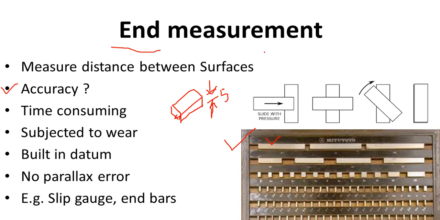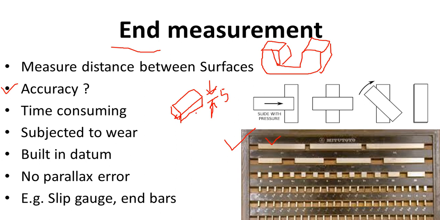So basically what we have to do here is, suppose we have some kind of block here which has some slot, and I want to measure the distance between this face and this face.